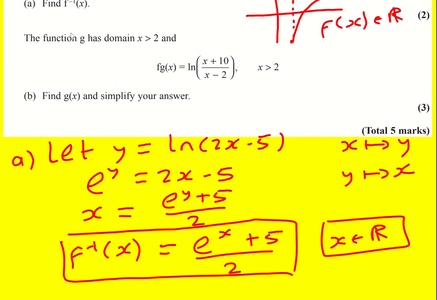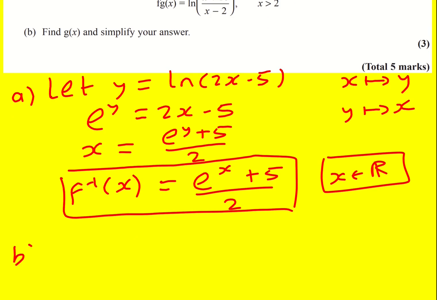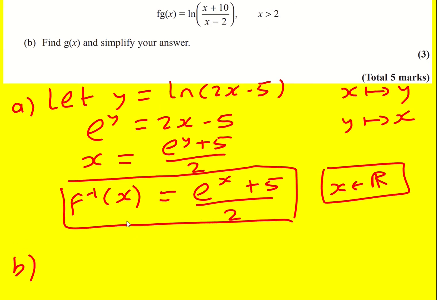We're then told we've got a function g with domain x greater than 2, and this composite function f of g of x is equal to ln((x + 10)/(x − 2)). Now we need to find g of x. Well, the most systematic method is to take the inverse of both sides.